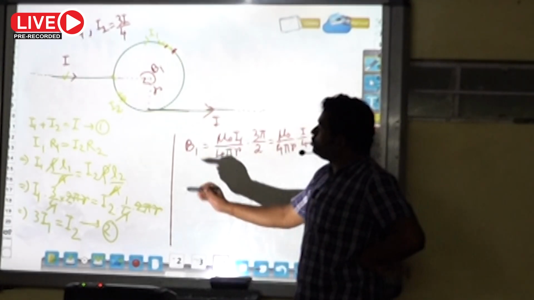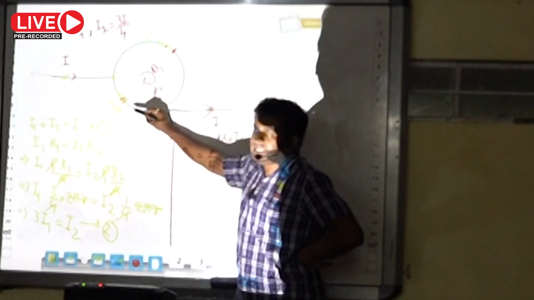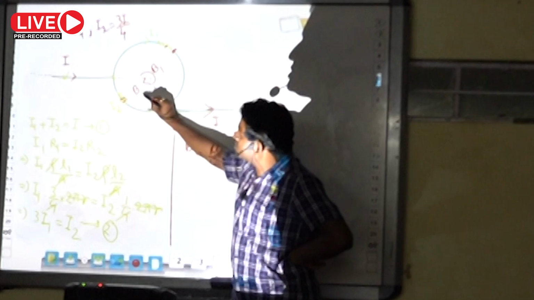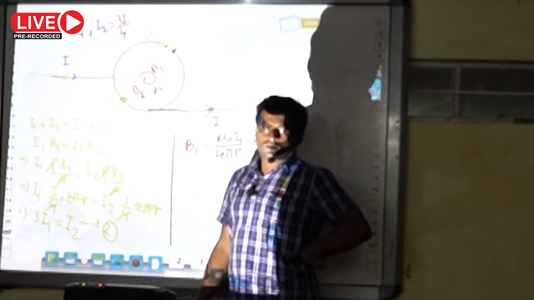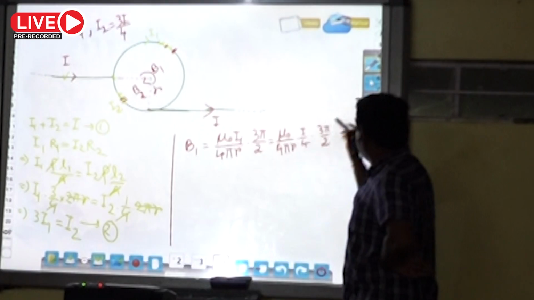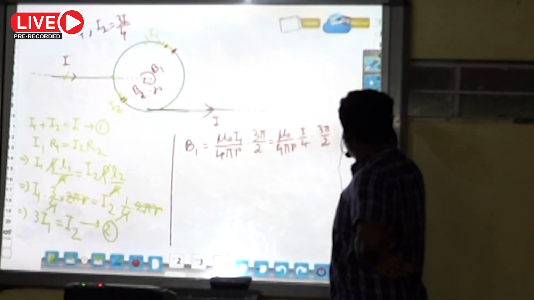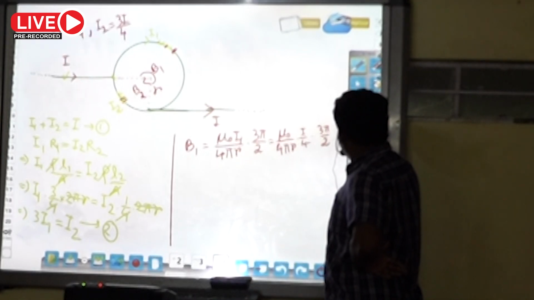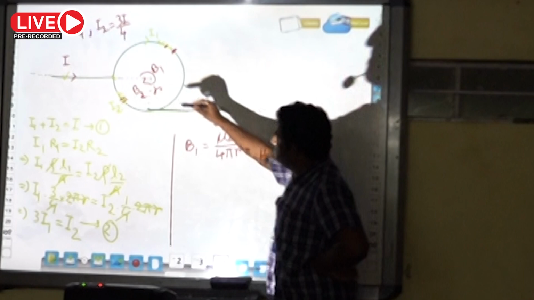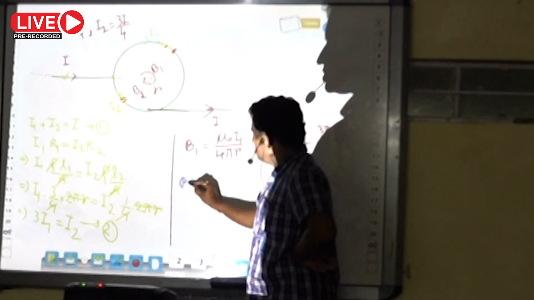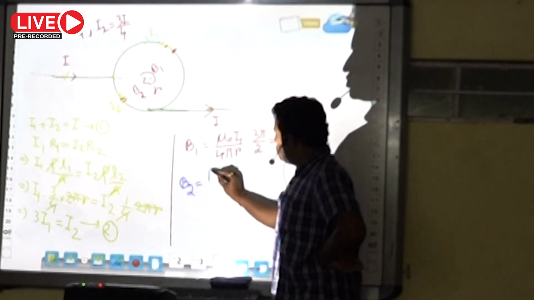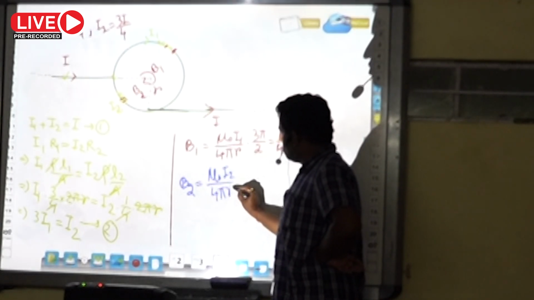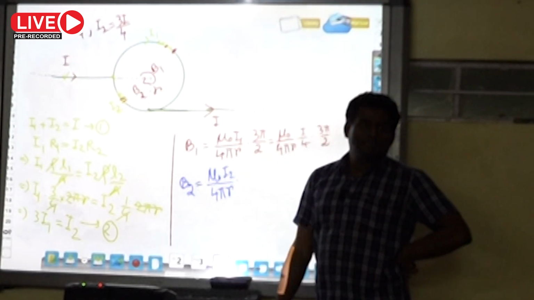Now we consider the lower half arc, and let us consider its contribution is B2. Then we can calculate B2 also. For B2, it will be mu naught I2 by 4 pi r. What is the angle? Pi by 2.